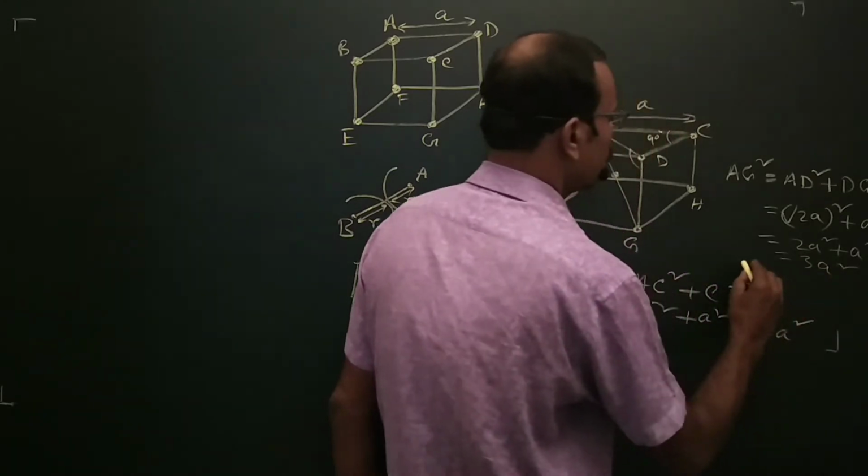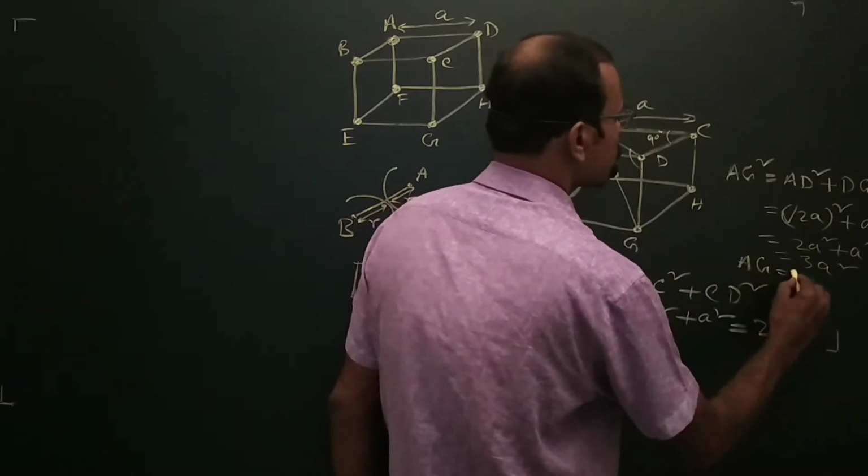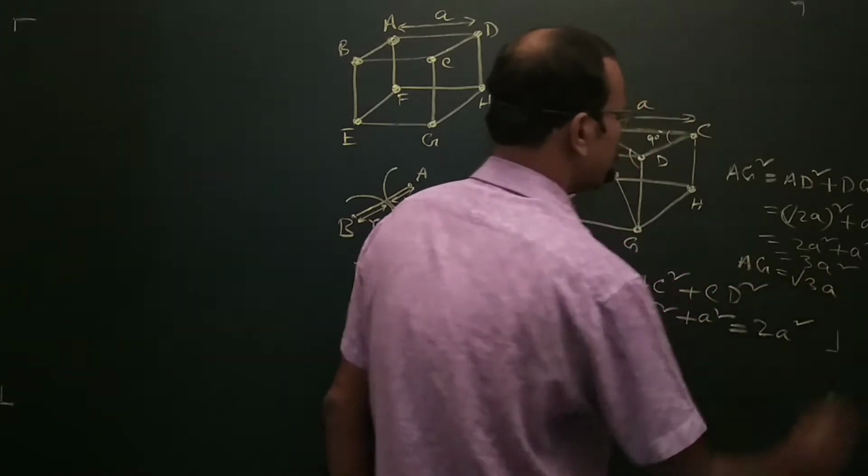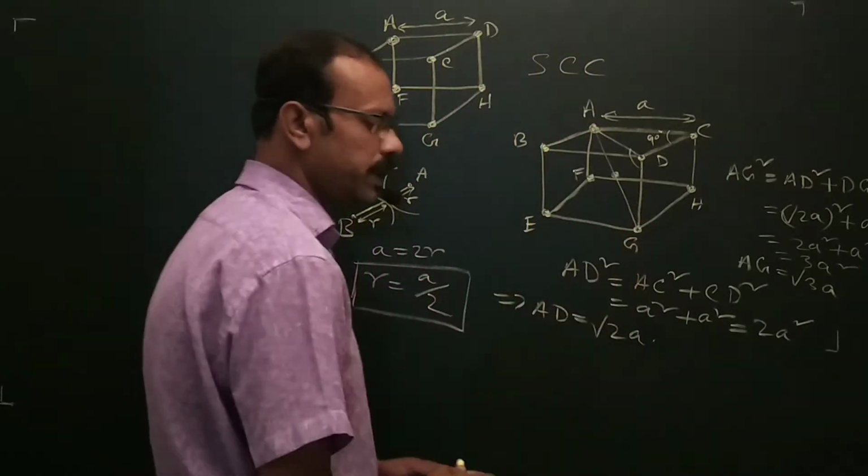Therefore AG equals root 3 a. Now AG equals root 3 a.